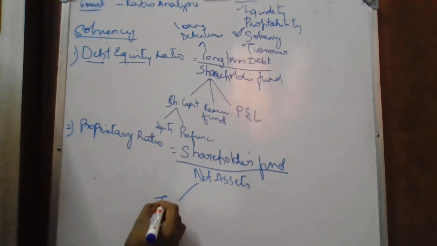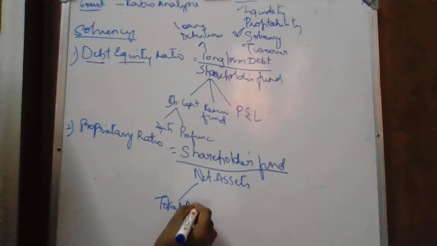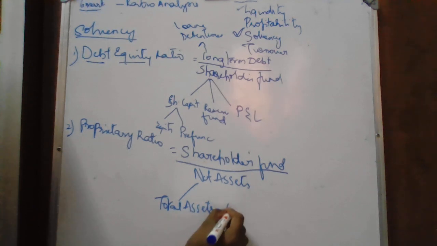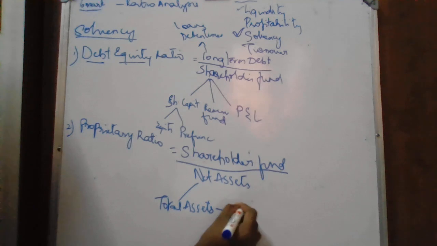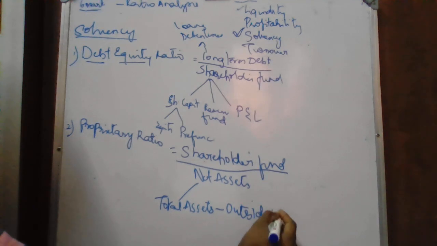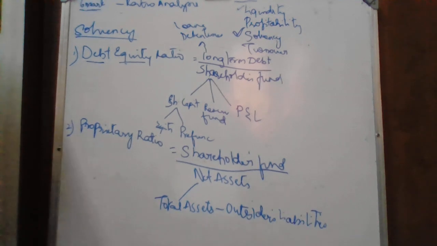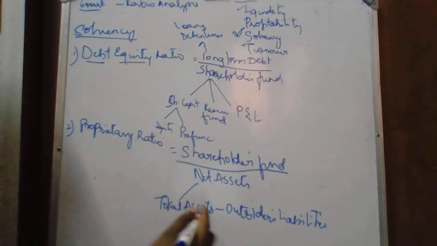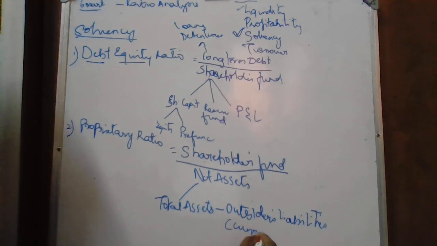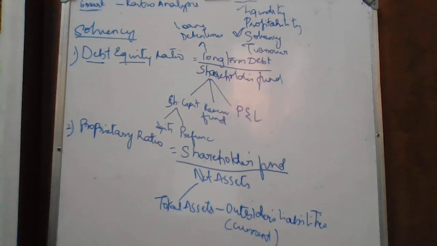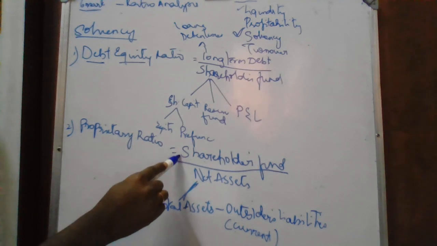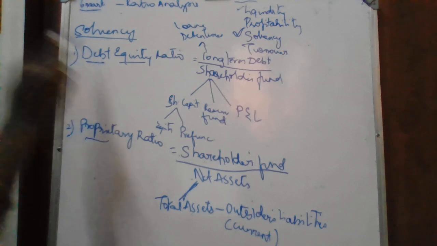Net assets will be total assets minus outsiders liabilities. Outsiders liabilities will be only current. So total assets minus current liabilities, you will get net assets. So shareholders fund divided by net assets, you will have proprietary ratio.